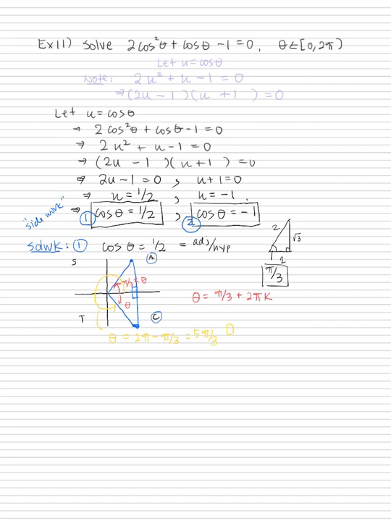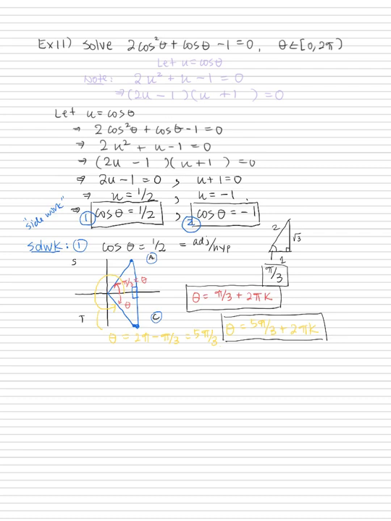So we get theta equals 5 pi over 3 plus 2 pi k, where k is an integer. Let me just box these two. That is just for the equation for circle 1.